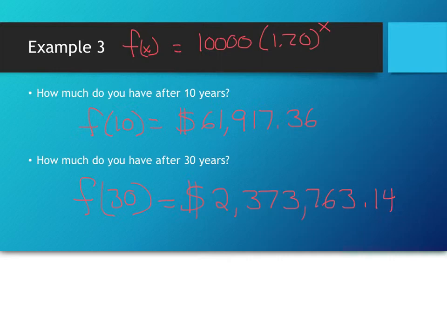By the way, this is sort of a reiteration of the difference between linear growth and exponential growth. Even though linear growth might start out quicker, in this case the exponential growth catches the linear growth after 10 years. And then after 30 years, the exponential is just much, much bigger than the linear was.